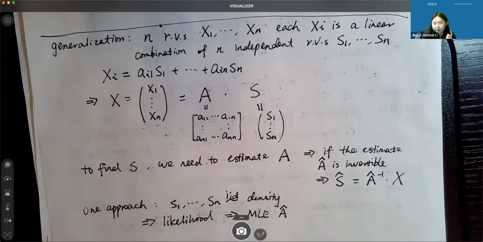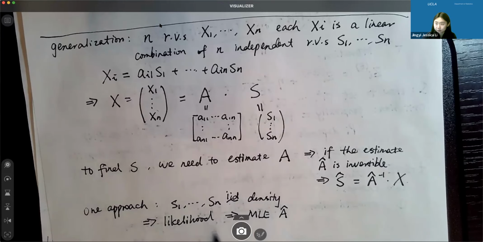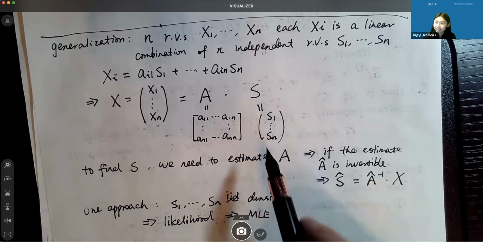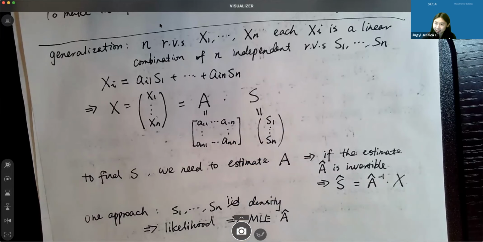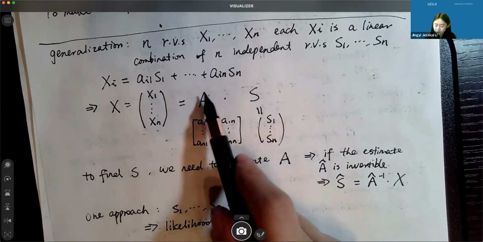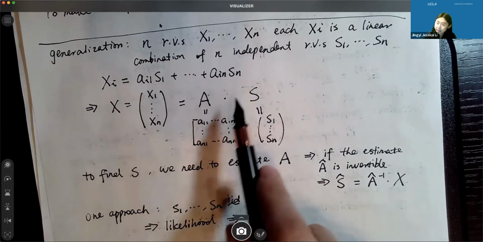So independence is something hypothetical. We don't get to observe it. It's about a random variable underlying. And also, to make this identifiable, we know that if these S1 to Sn are normally distributed, then we can rotate them in any way, and rotating the S will give us a corresponding A, so it's still not identifiable.